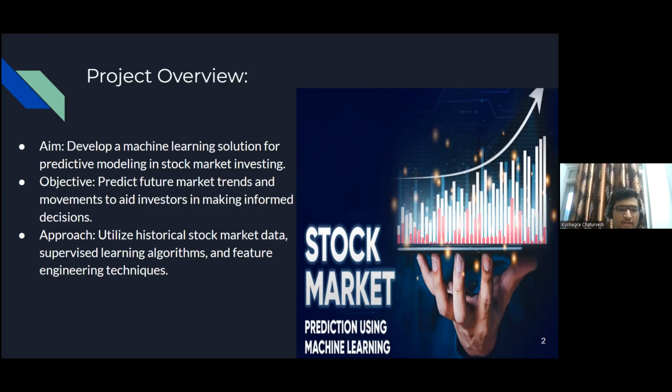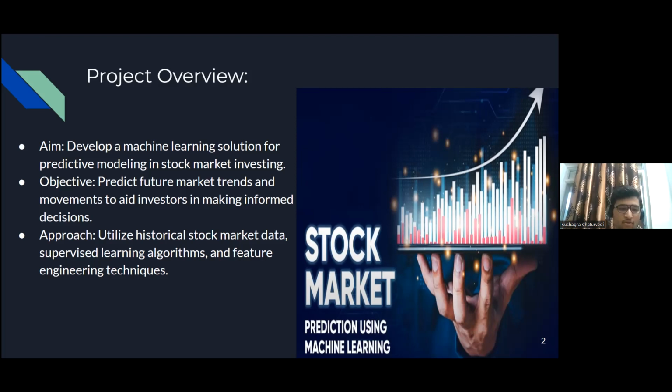The objective is to predict future market trends and movements so that we can aid the investors and future customers who will be investing in the stock market. We can use our predictive model to provide them with valuable insights on the stock market trading system.